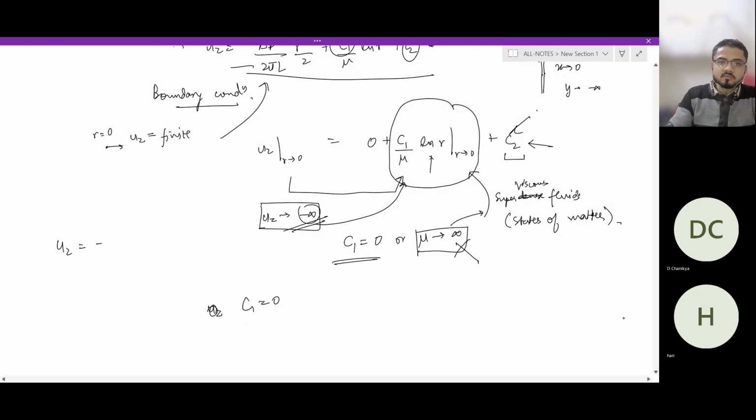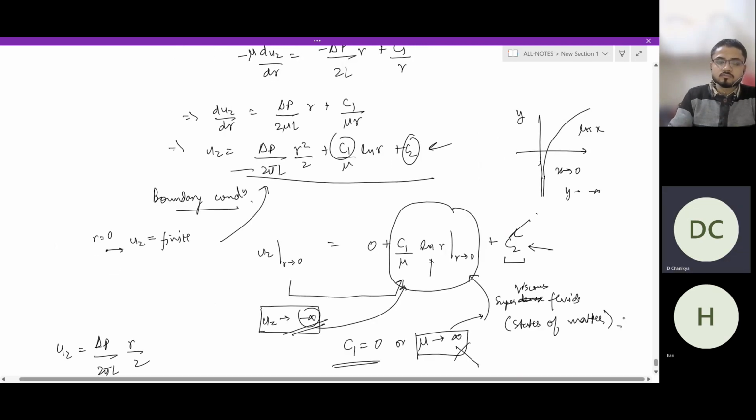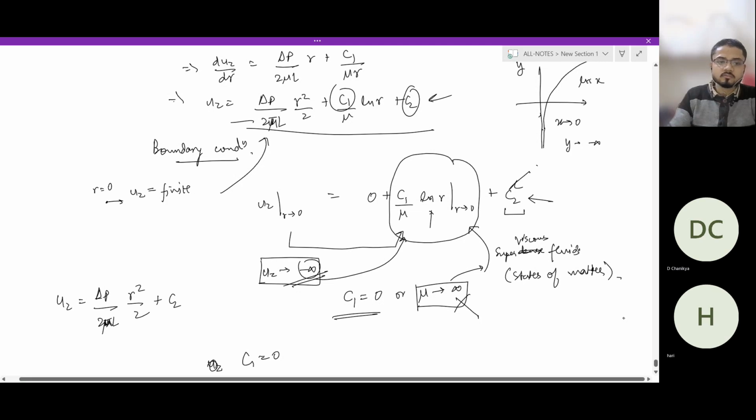So this effectively leaves us with the remaining part, 2 pi L R by 2. Is this mu? Yes, it's mu, it's not pi. Okay, 2 mu L R squared by 2 plus C2, right?